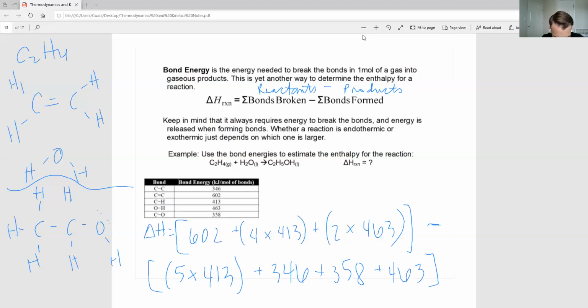Okay. When you do that math, that should give you negative 52 kilojoules per mole. And so you could go through and be like, okay, so that's my delta H. It's an exothermic reaction. And that's just another way to calculate delta H.